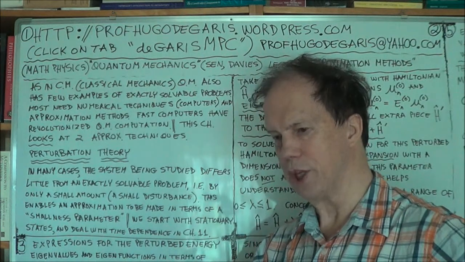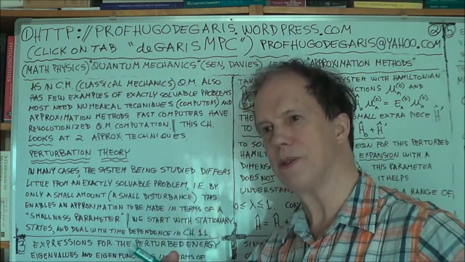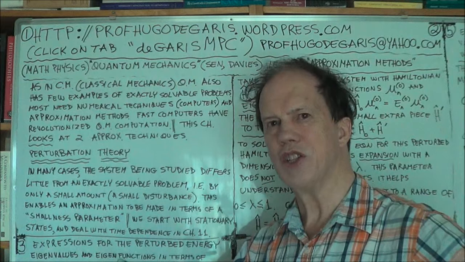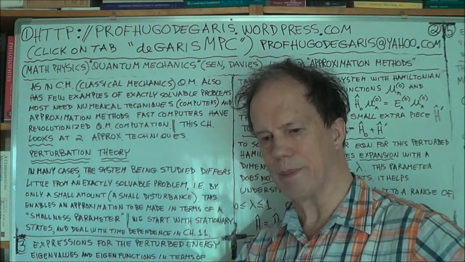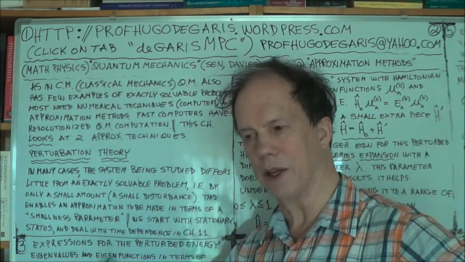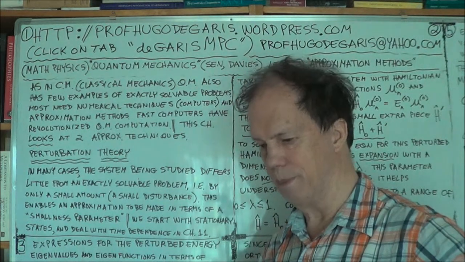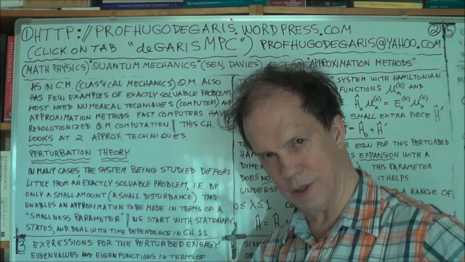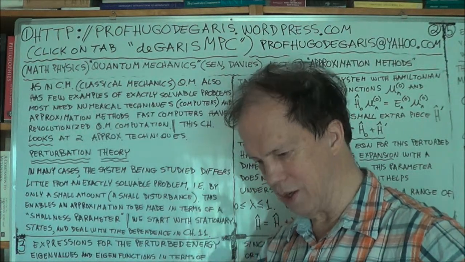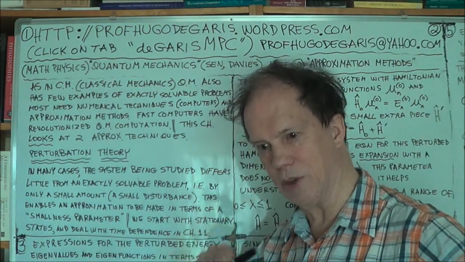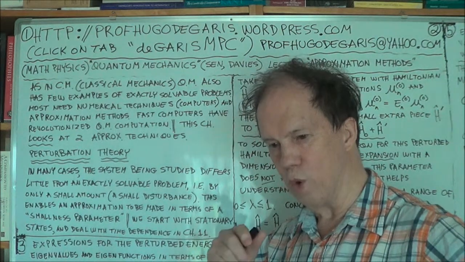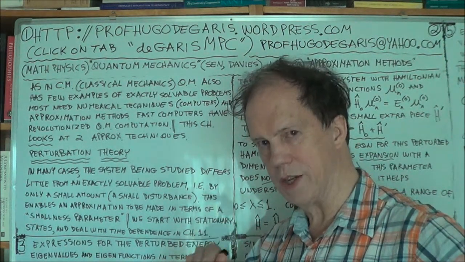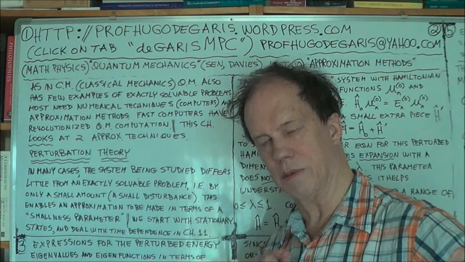Okay, so to perturb in this sense means to basically just add a small term, a correcting term if you like, to the basic Hamiltonian, to your H hat 0. Remember H hat 0, that's the Hamiltonian for a problem which has exact solutions, usually.